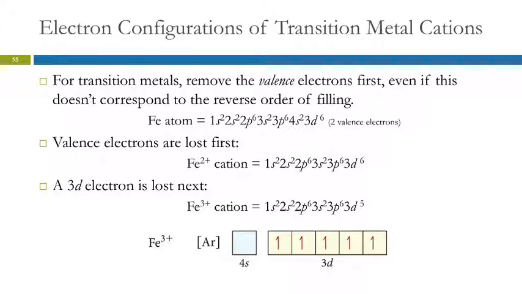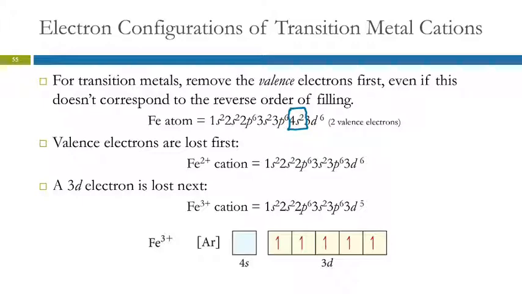We're looking for the largest number here. We've got 1, 2, 3, 4, and 3d. These are the valence electrons, so we're going to lose the valence electrons first. So take those off. This is iron 2+. We just removed the valence electrons.